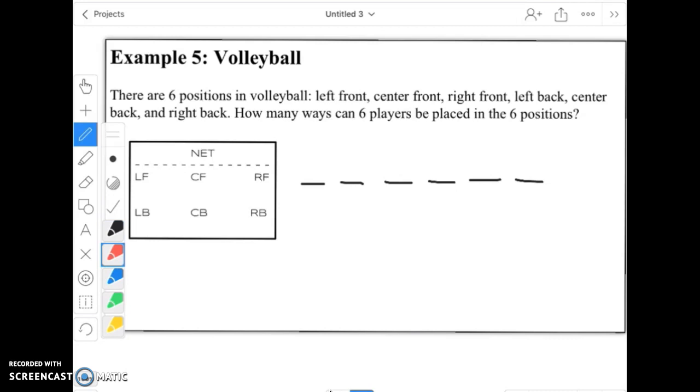If we put a player in left front, there's 6 possible outcomes of players that we could put in left front. After that, 1 player is used up. They're already in a position, so we have 1 less. So you can see that just gets less and less with each space that's filled, down to the last one where it would just be 1.